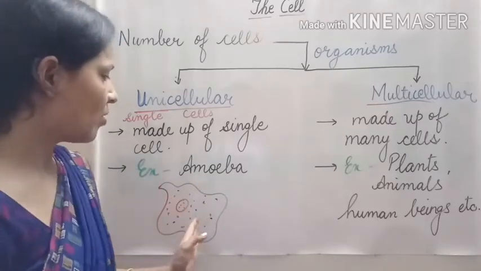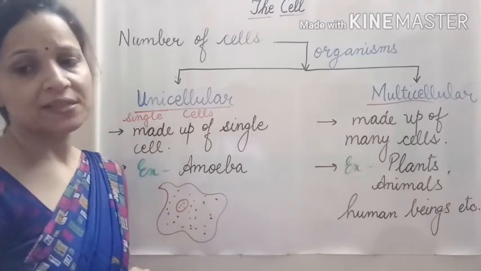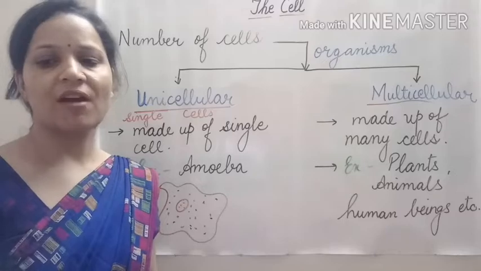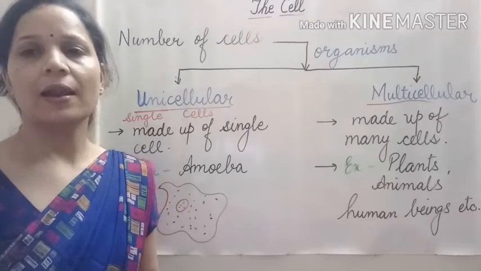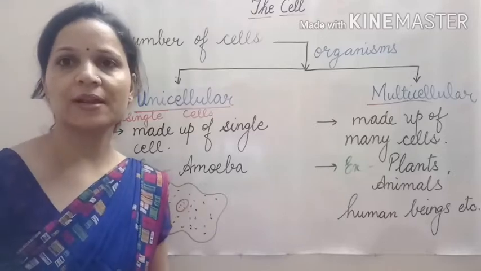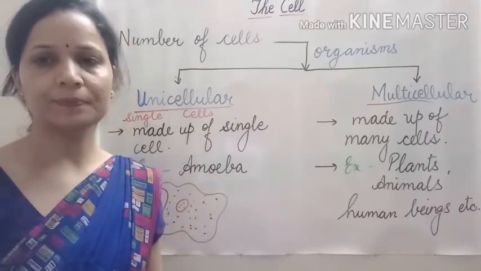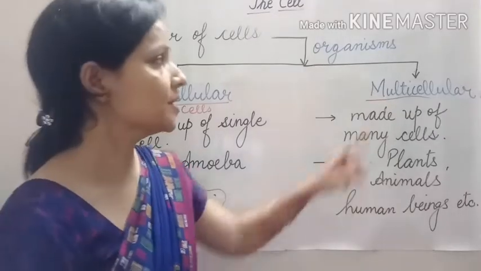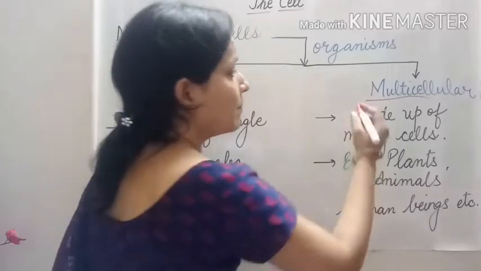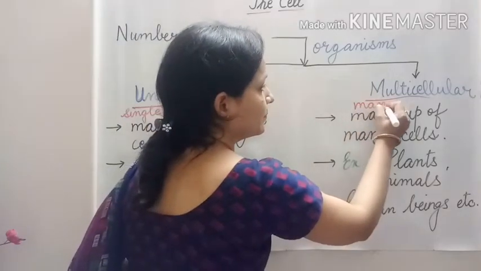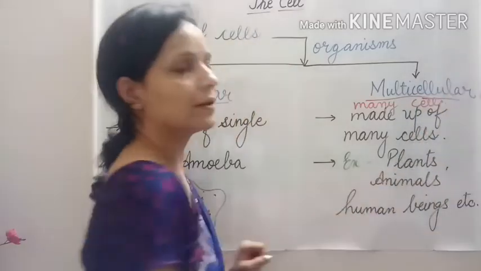Here I made a diagram of amoeba. These organisms carry out their life processes, or we can say metabolic activities like respiration, digestion, etc., by this single cell. Now next is multicellular organisms. Multi means many and cellular means cell.